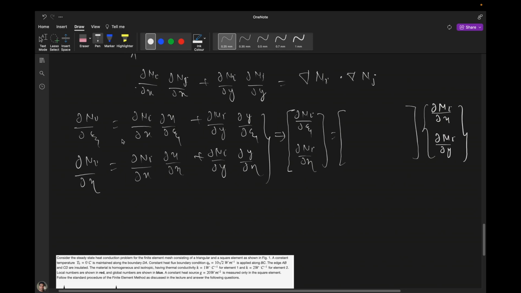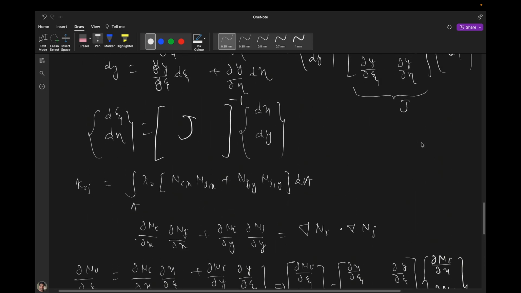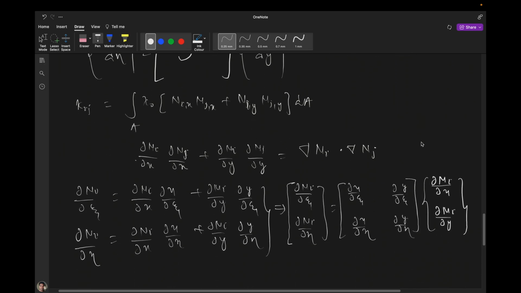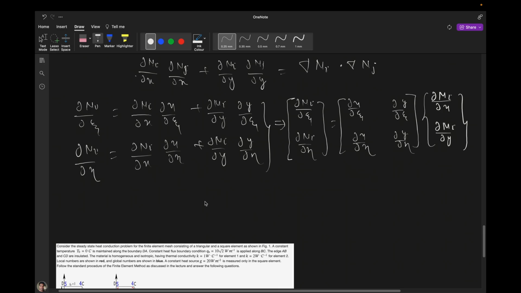We can write these two equations in the matrix form, and we can clearly see that this is nothing but del x by del xi, del y by del xi, del x by del eta, and del y by del eta. Okay.